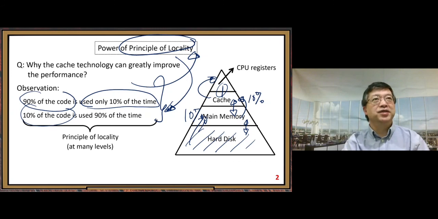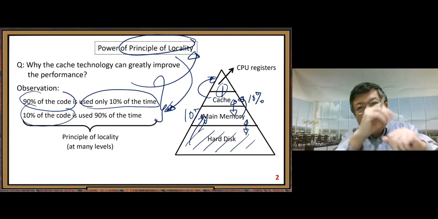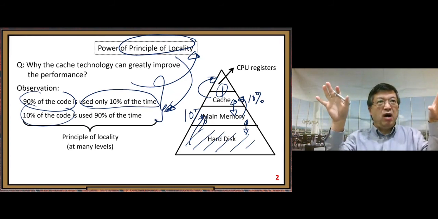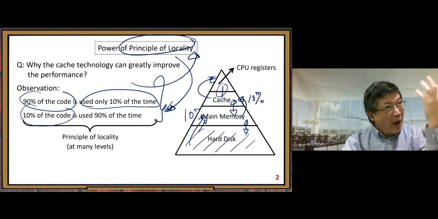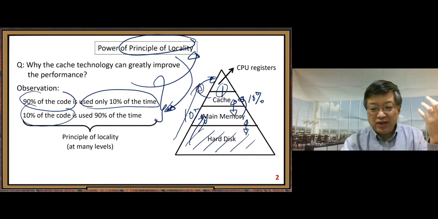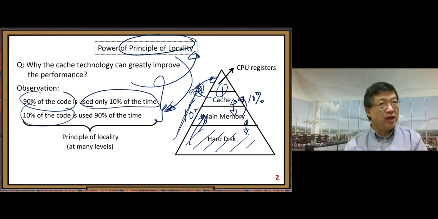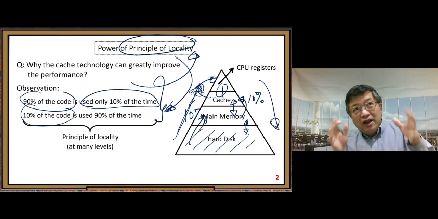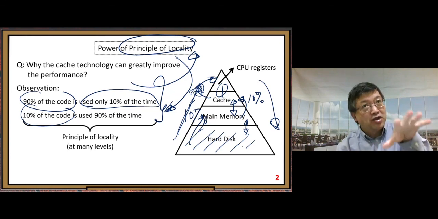How about that? So you can see when we take advantage of this key property, we can enjoy both factors. On the performance side, we can enjoy relatively fast performance, because we use the cache memory as much as we can. So we get a good performance combination. On the cost side, a large part of the code is stored in relatively low cost media.